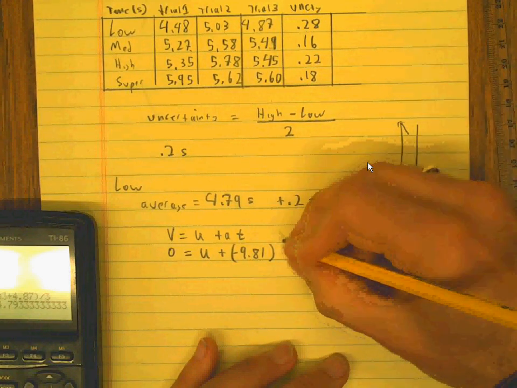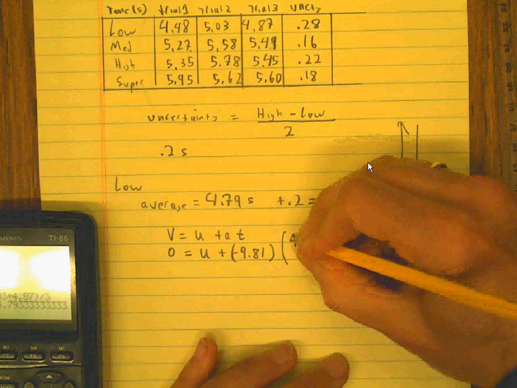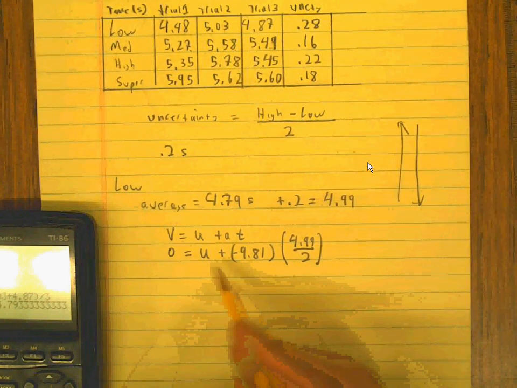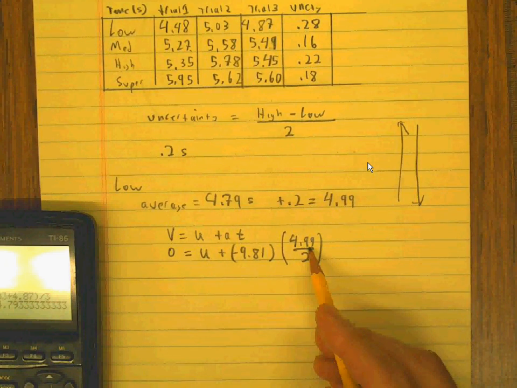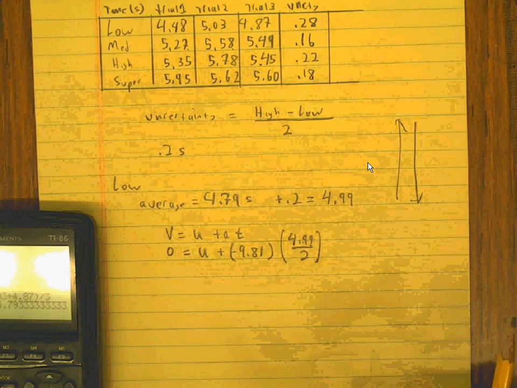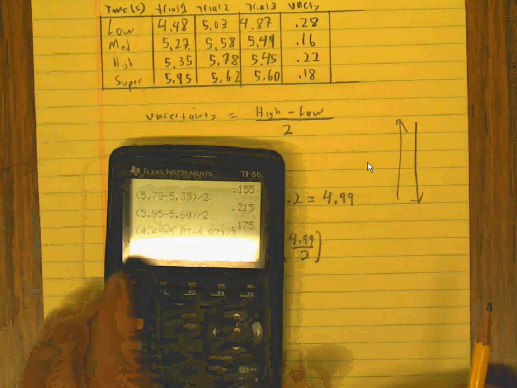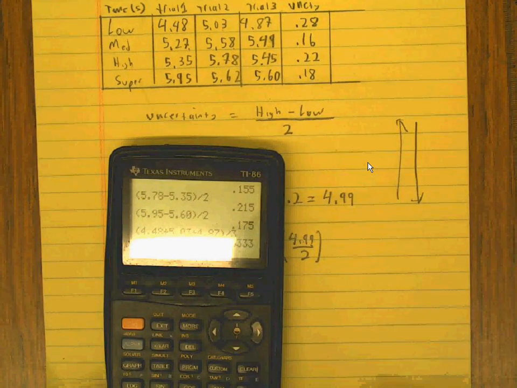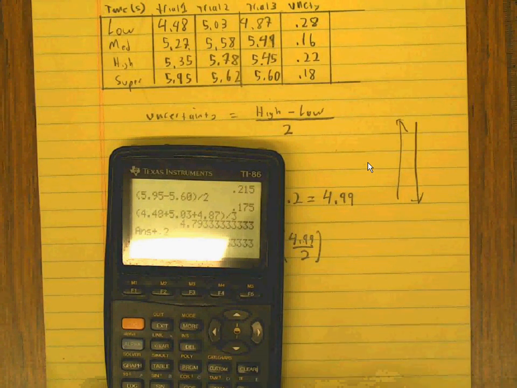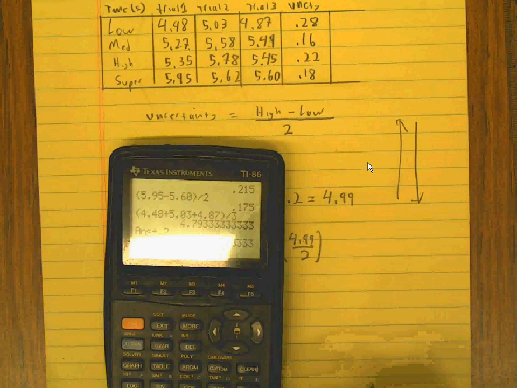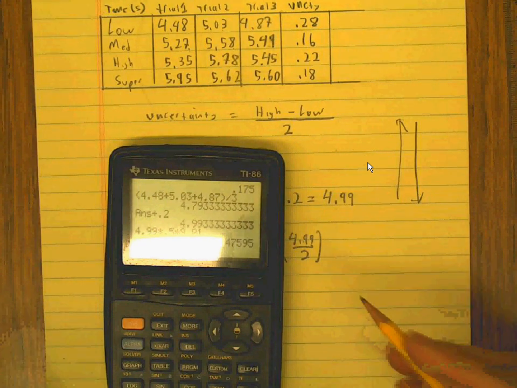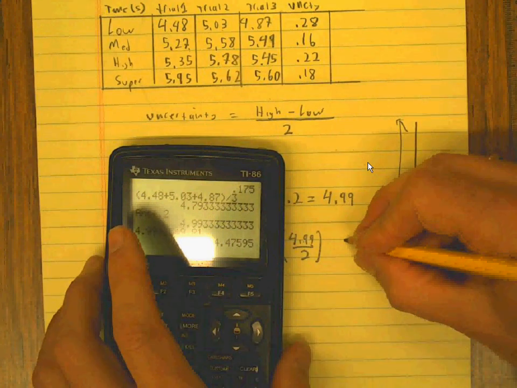So it's 4.99 over 2. Basically what it ends up being is that U is 1/2 G times T. That would be the overlying formula for that. So 4.99 times 0.5 times 9.81, and I get 24.5 meters per second.